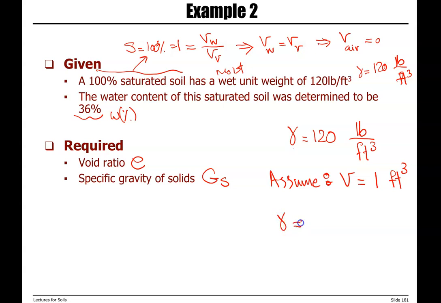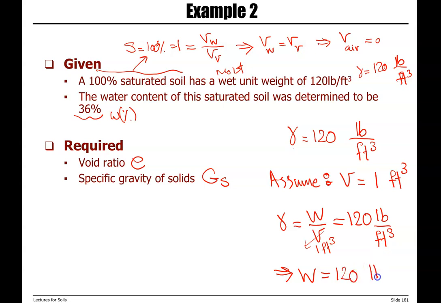Then gamma, which is weight divided by volume, is equal to 120 pounds per cubic feet. Volume is 1 cubic feet, which means that our total weight is 120 pounds. This is the assumption that we will use for this question.